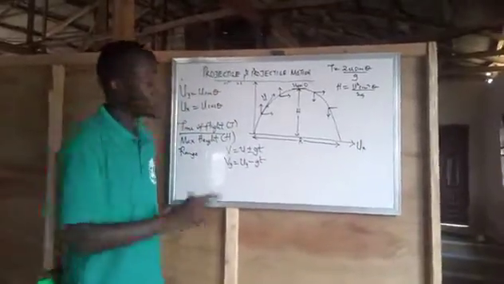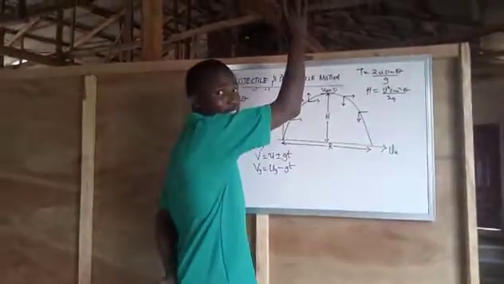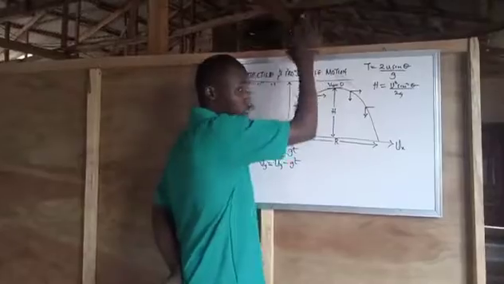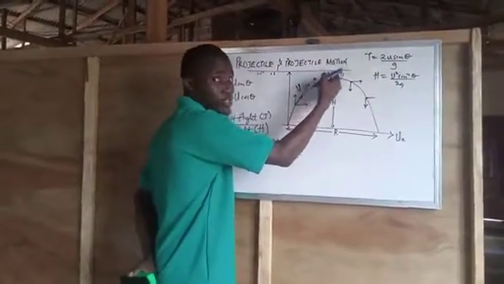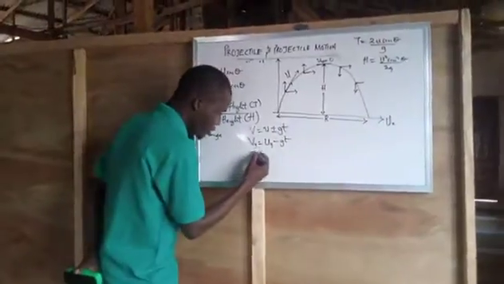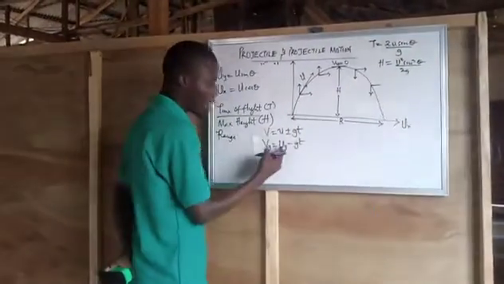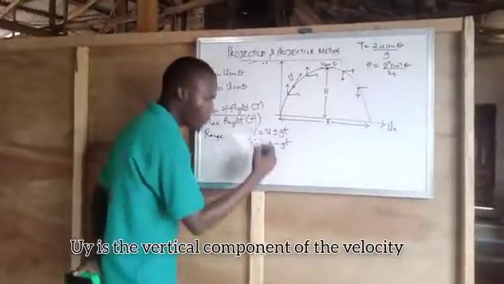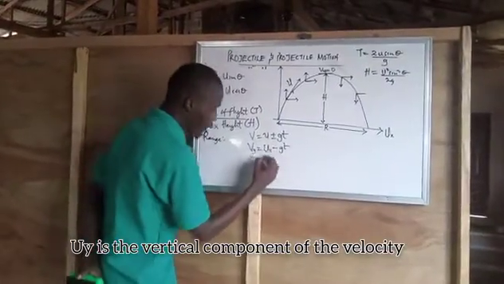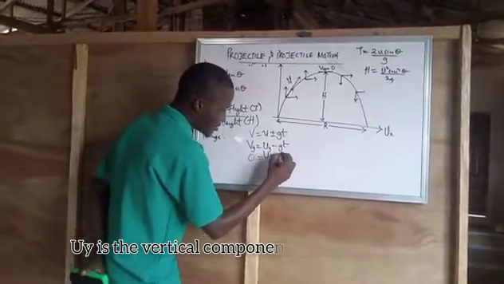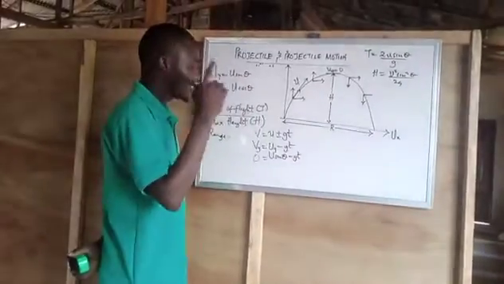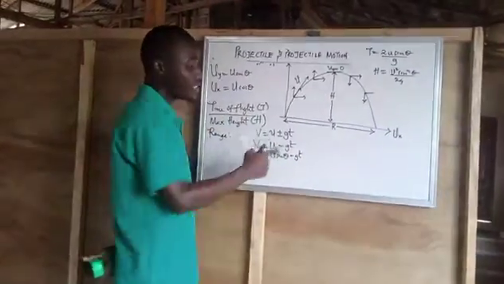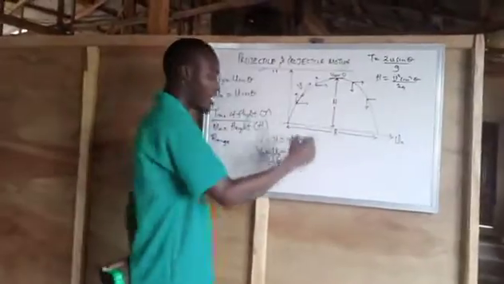I use minus because the body is being projected, going upward. Now at maximum height, the final velocity is 0. Now our Uy, we've gotten that, u sin θ, minus gt. Do not forget, this small letter t is the time taken to reach maximum height.